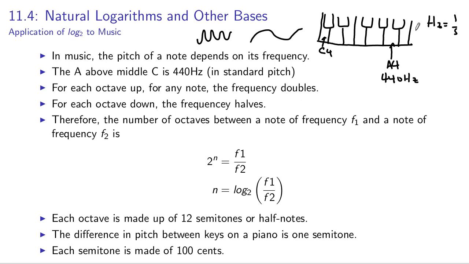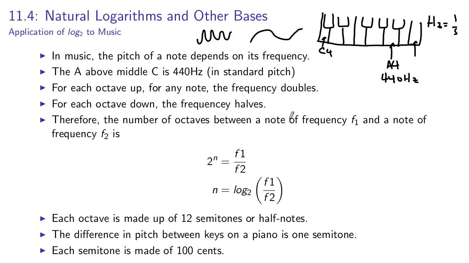Each time you go up an octave, so if we went up to the next C above C4, the frequency doubles. So the A above this on the keyboard, A5, the A above middle C, is double, 880 hertz. And each octave you go down halves the number of hertz.